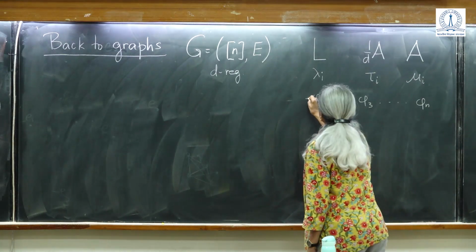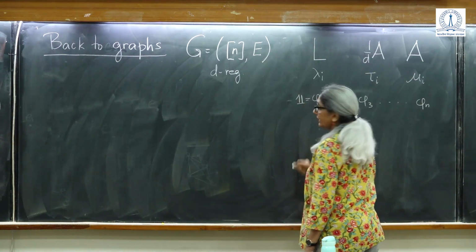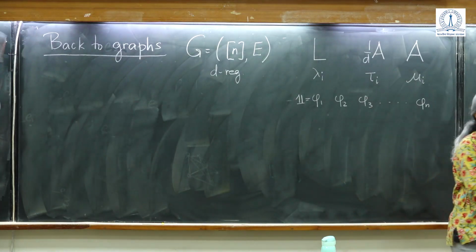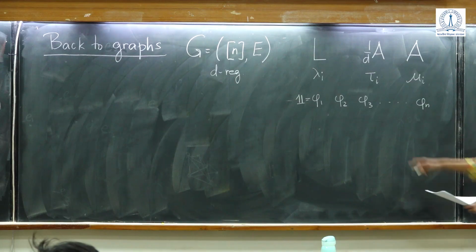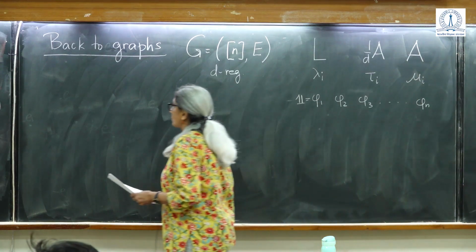And this first one is always the 1. This is the trivial eigenvector. It's a connected graph, so the second eigenvalue is positive. So the first eigenspace is just the span of 1. Nothing else is in the first eigenspace. So pick one of them.